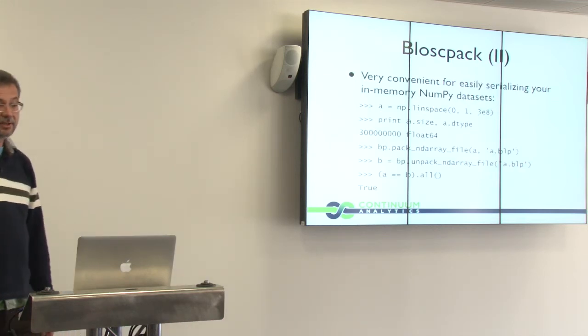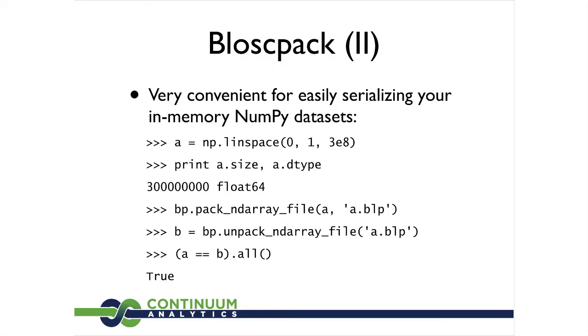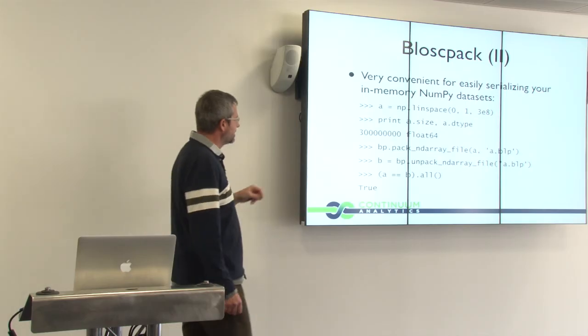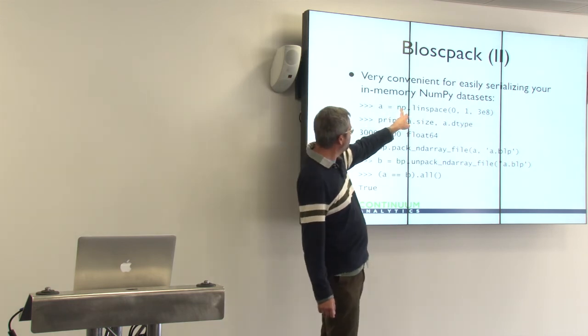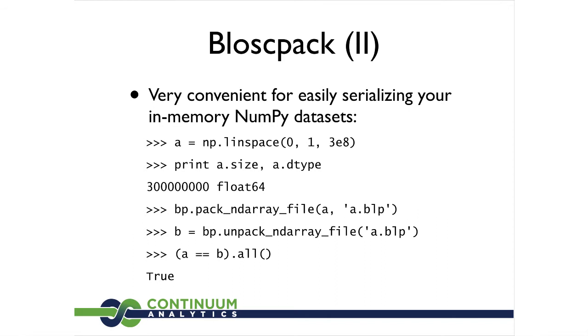Also, Blosc allows for a very convenient way to serialize in-memory NumPy datasets. If we have, for example, a NumPy dataset like this one here, we can serialize it to disk by using pack_array and passing the array and the file.